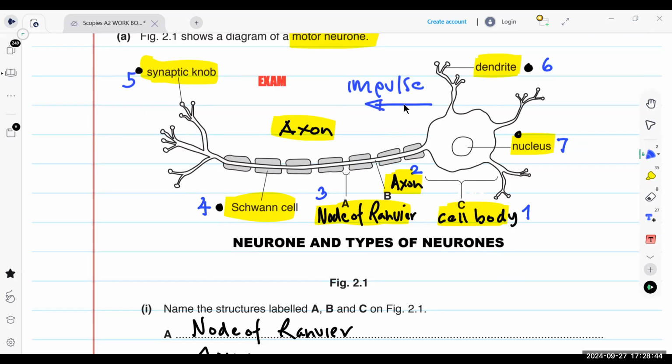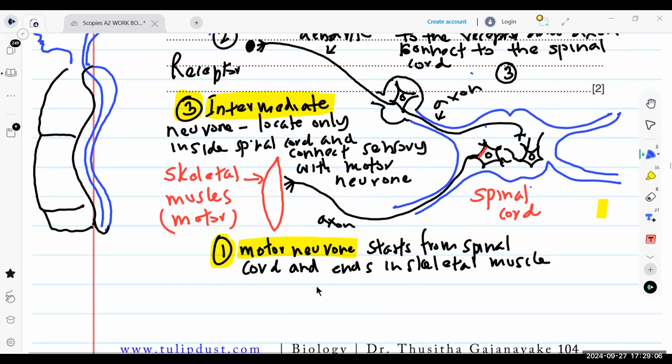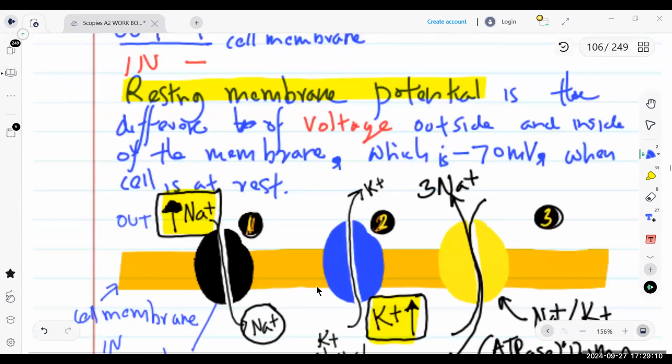So they have to pass through this axon and move to the end. We're going to learn how the action potential or impulses pass along the neurons.